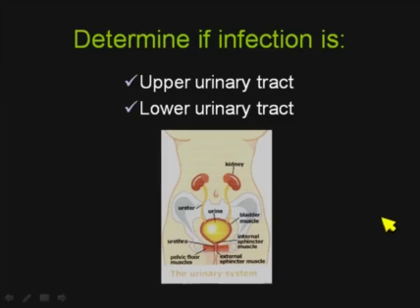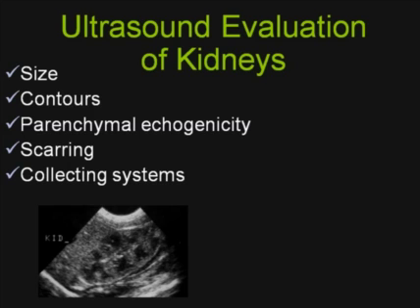It's important to determine if an infection is an upper urinary tract infection or a lower urinary tract infection. So as we look at the kidneys, we're going to look for size, the contour, the parenchymal echogenicity, scarring, and also for the collecting systems. Be aware that in the newborn baby, the echogenicity of the kidneys differs from what we see in older children and adults.